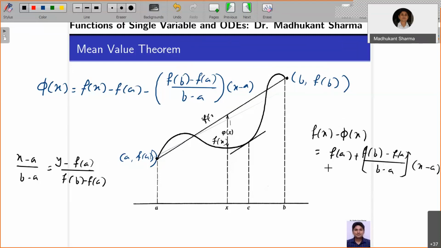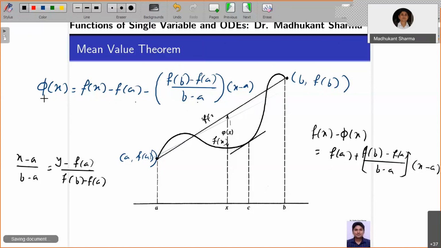Now what is the property of this function phi? Function f is continuous and differentiable. The other part is a constant function plus a constant multiple of x minus a. A sum of continuous functions is continuous and a sum of differentiable functions is differentiable. So phi also satisfies the properties that f satisfies.